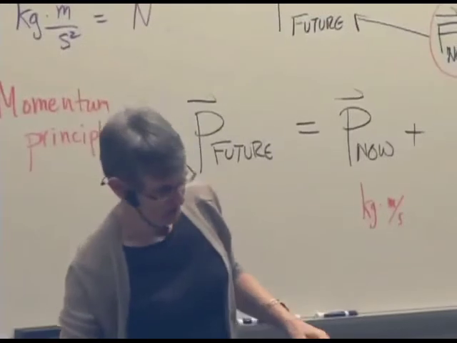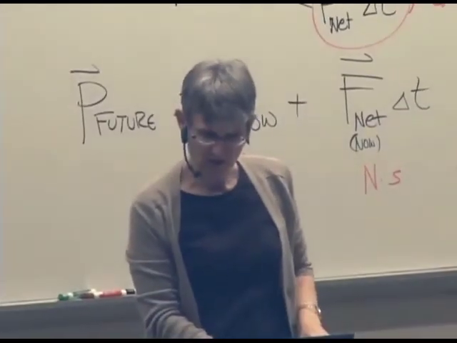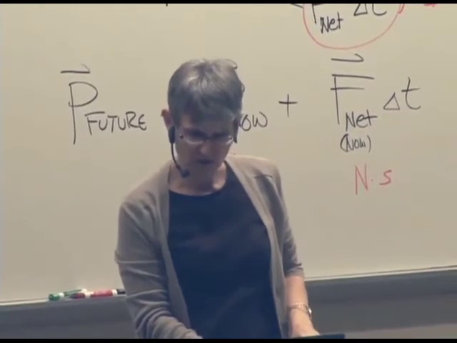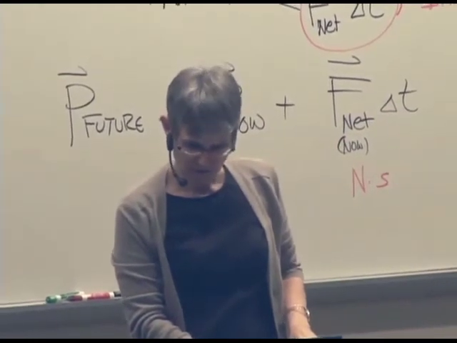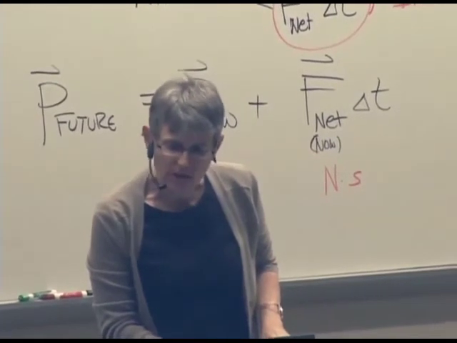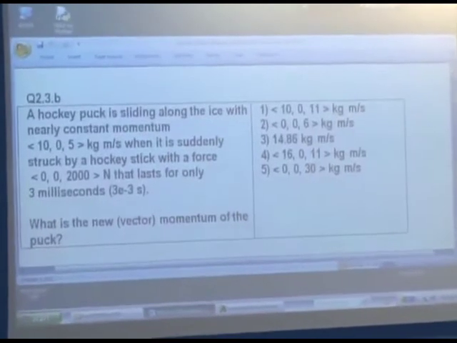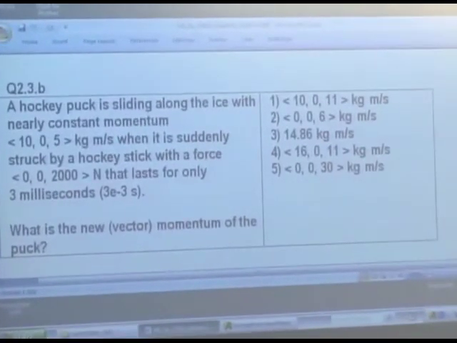So we can use this equation to calculate things. And I think you can actually calculate some things without being shown how to do it, because you know how to use vectors. So let's see if we can calculate something here. We have a hockey puck sliding along the ice.